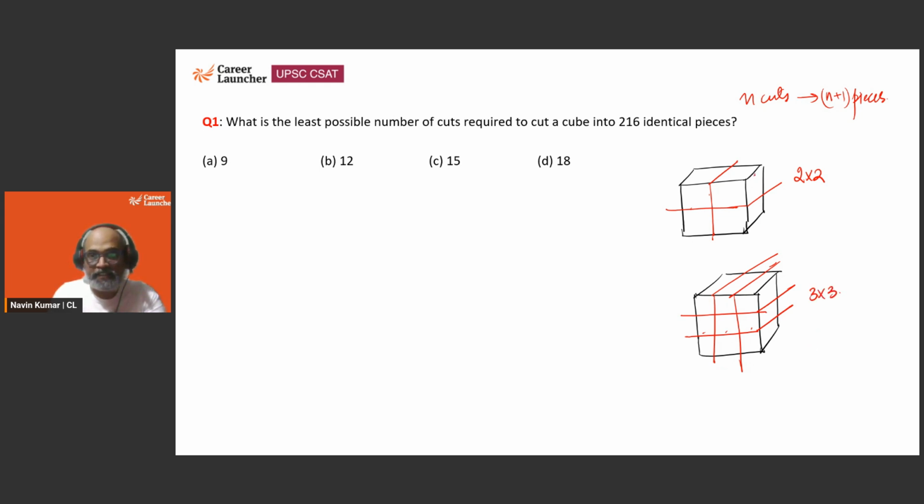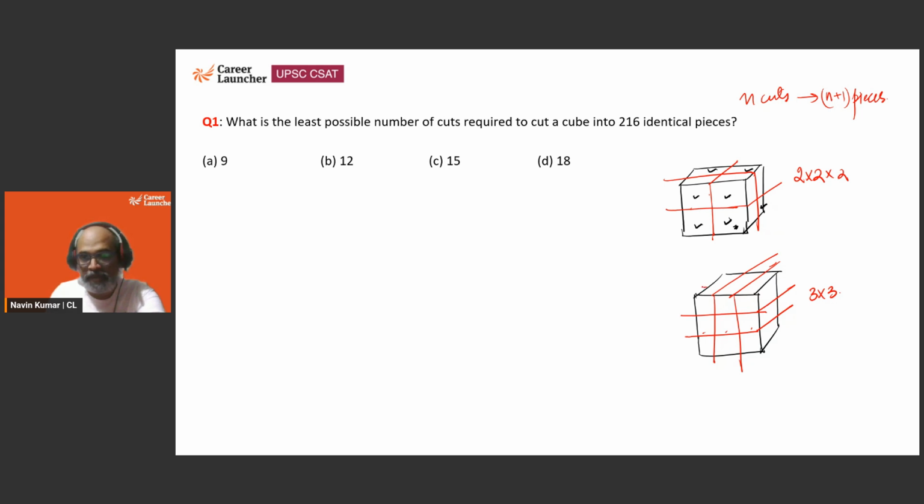Now, if I cut it sideways, that will give us another two pieces. So we will have a total of 8 pieces here. So this is piece number 1, 2, 3, 4, 5, 6, 7. And then there is a hidden part, which is directly opposite to this particular small cube.